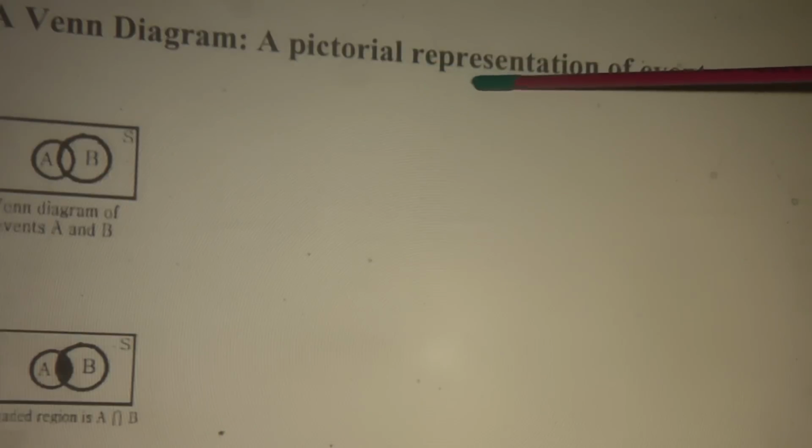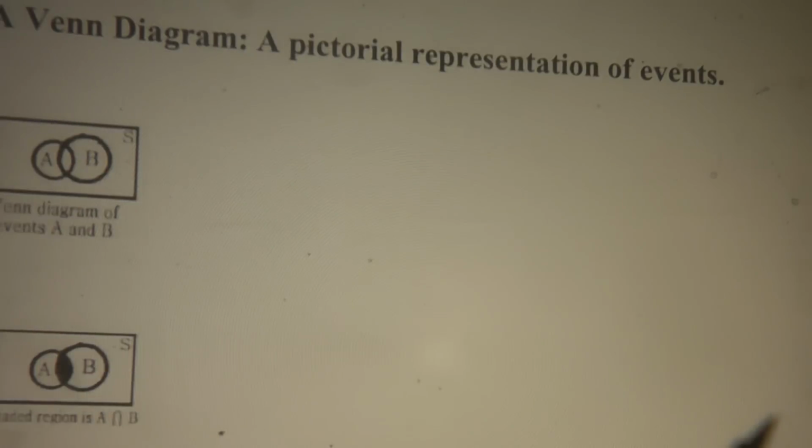Next topic. Let's look at a Venn diagram. A Venn diagram is a pictorial representation of events. We can use a rectangle to represent the whole sample space.